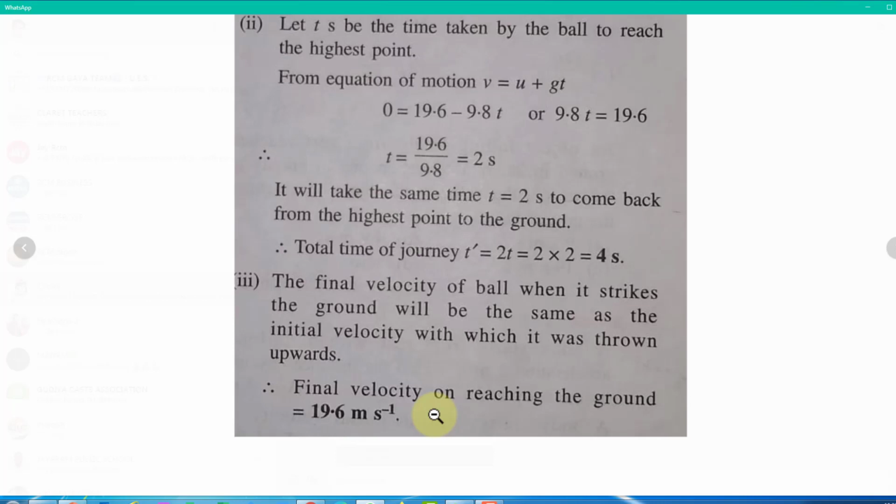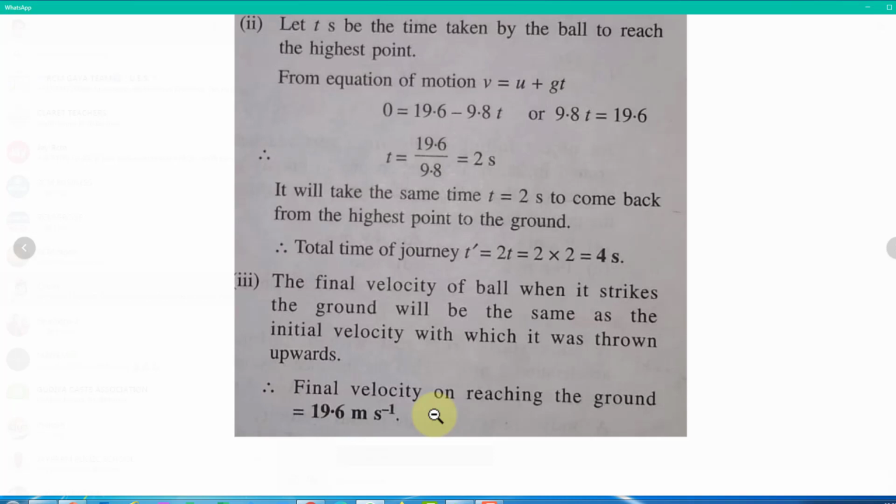Whenever you throw any body up, how much time is taken to reach the highest point, that much time only the body will take to strike back the ground. And second point, whenever you throw any body up, with what velocity you throw it up, with that much velocity only the body will strike back the ground.